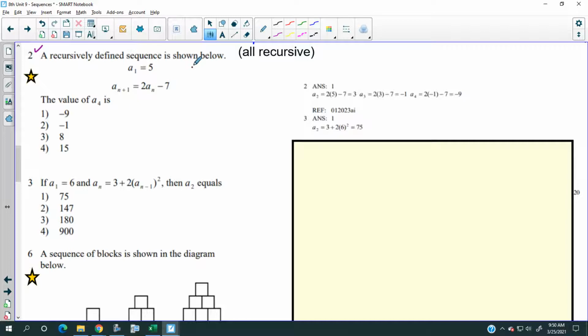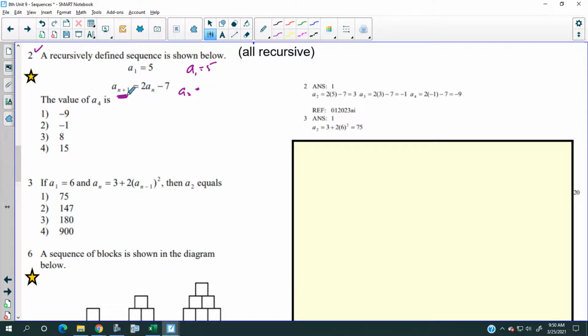If the first term given is 5, now they want to know the term A4. So what we need to do is start with the second term first. What's the second term? I want to show you how to read this, because we didn't really spend that much time on this, so I'm using this opportunity to show you these sorts of questions. Have you noticed the notation is a little weird?